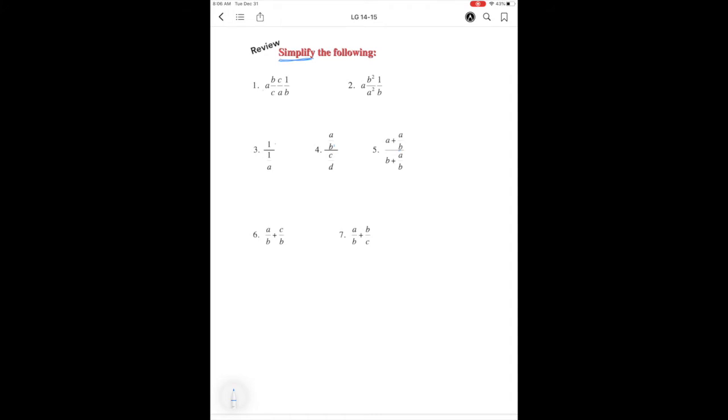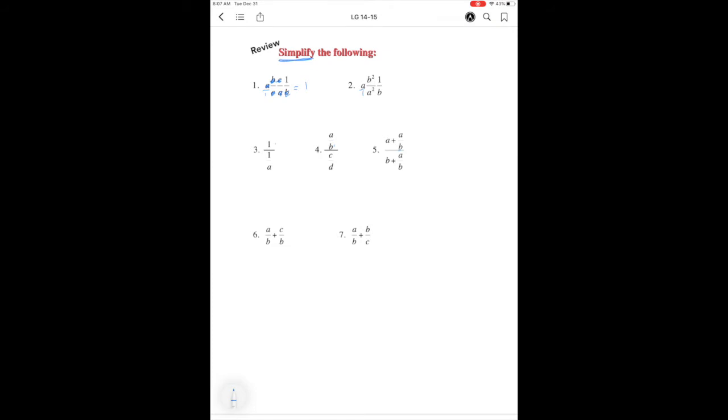The first thing we're going to simplify is some fractions. I always put a 1 under that so I know it's a fraction. Now what I'm looking for are things on top and on bottom so I can cancel. So I see an A there and an A there, a B with a B, a C with a C, so I'm left with 1 over 1, or we can just say 1.